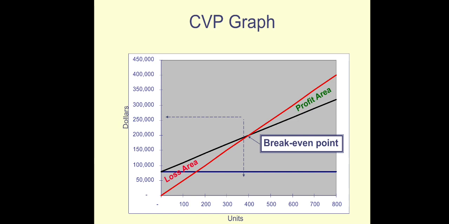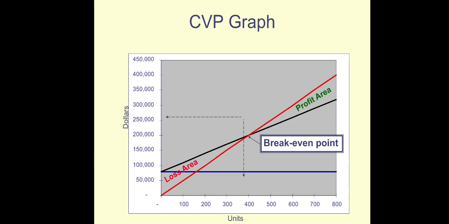At that point, profit equals 0. The break-even point is where the line of revenue and the line of cost intersect. So you can see the arrow for the break-even point here. Before the break-even point, the business is making loss.